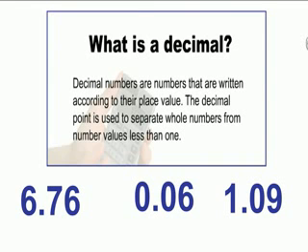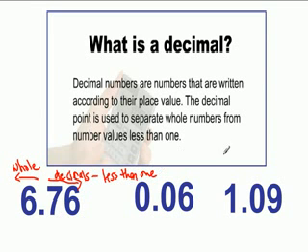So if you were looking at our examples down at the bottom, anything to the left of the decimal are whole numbers. Anything to the right of the decimal are decimals. They're called decimal numbers, or these are the numbers that are less than 1.